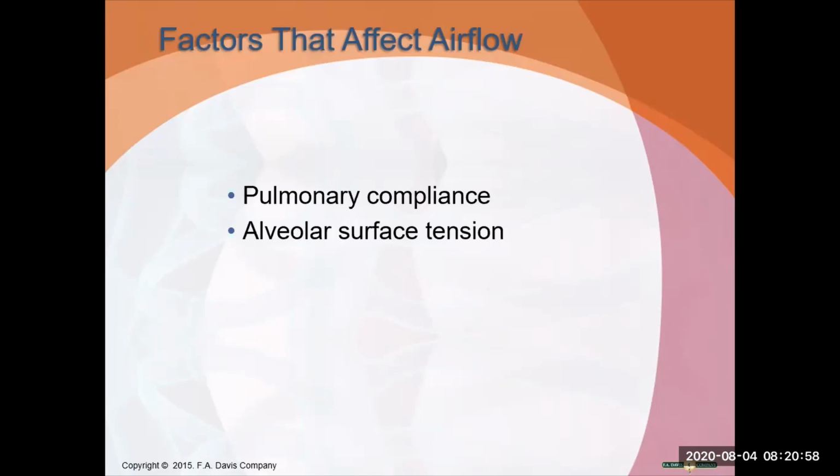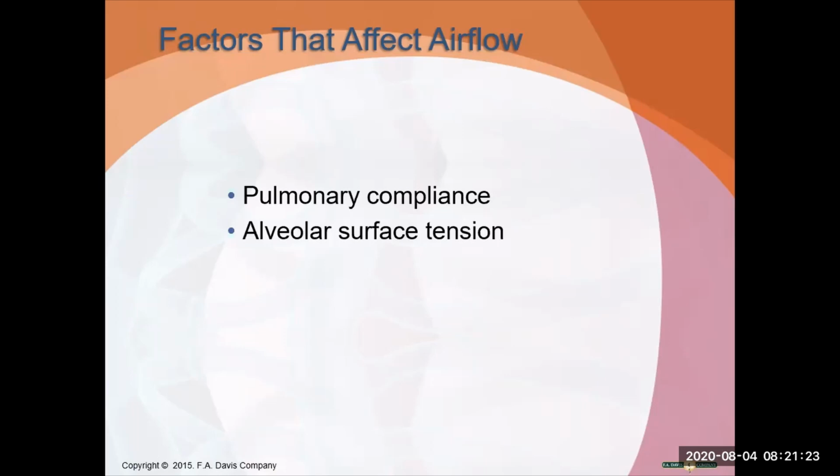Factors affecting airflow. Effective pulmonary ventilation depends on several factors. Two particularly important factors are pulmonary compliance and alveolar surface tension. Pulmonary compliance refers to the elasticity of lung tissue.